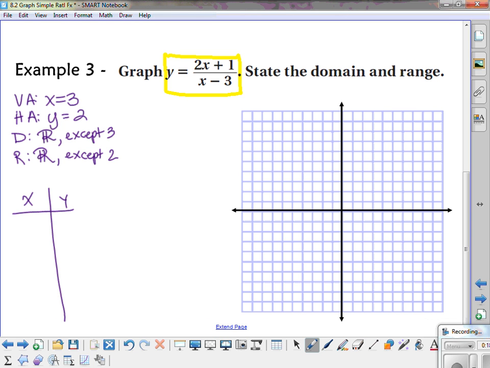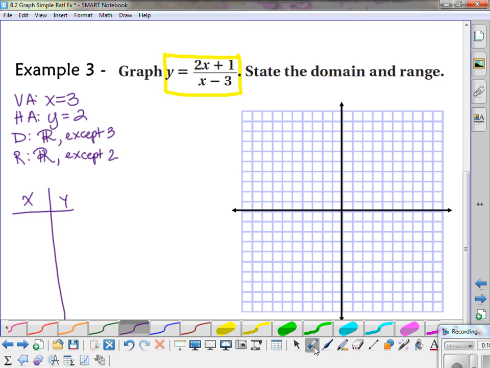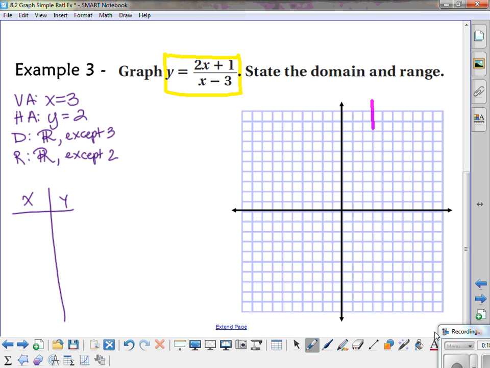So let me go ahead and graph my asymptotes so I don't forget about them. So x equals positive 3 and y equals positive 2. All right, so I want to be able to make sure I get the left and the right side of the graph.